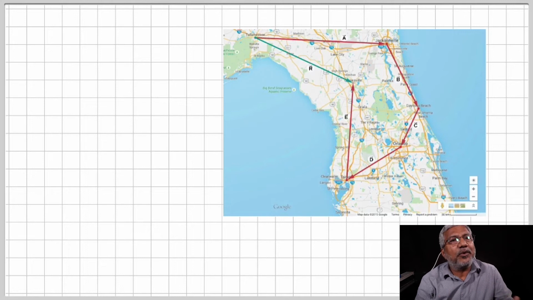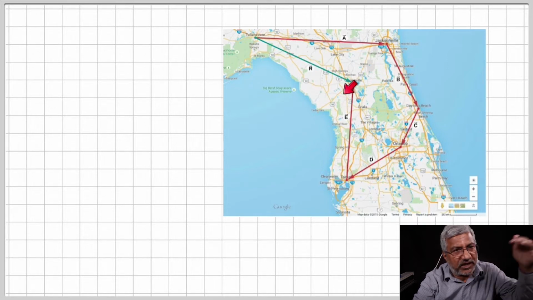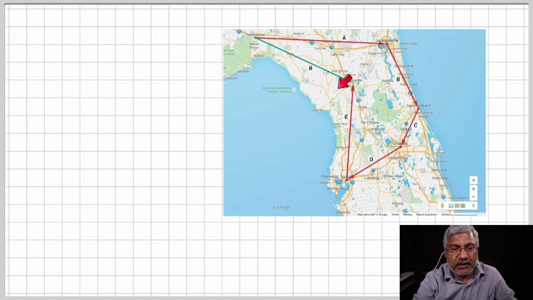Now, the end-to-end method can be used for any number of vectors, as you can see in this map. You start from this point and start moving. That's vector A, B, C, D, E, all in the flowing direction, same direction. You want to find the resultant of all of these vectors? No problem.